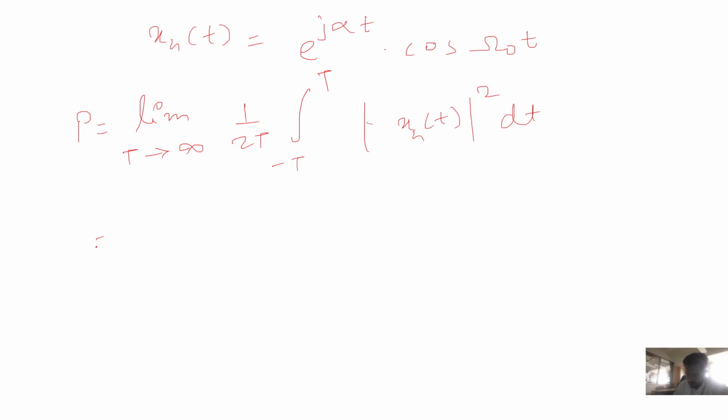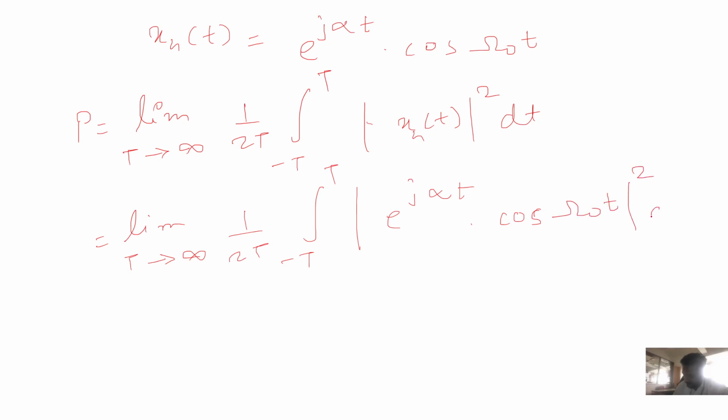If I put the value of this over here, it is limit T tends to infinity 1 upon 2T integration from minus T to T mod of e raised to j alpha t into cos of omega 0 t, its square dt.